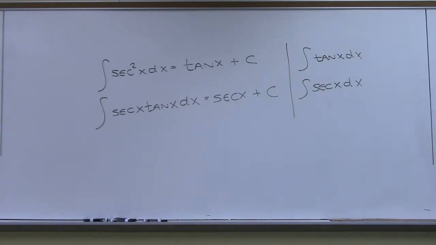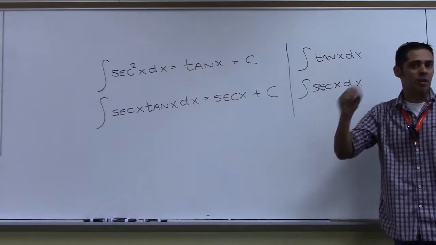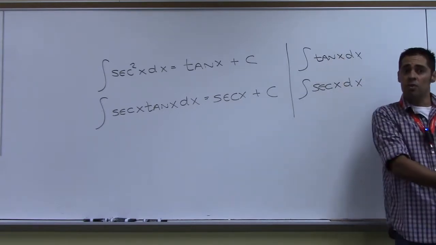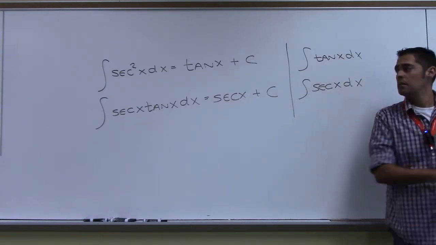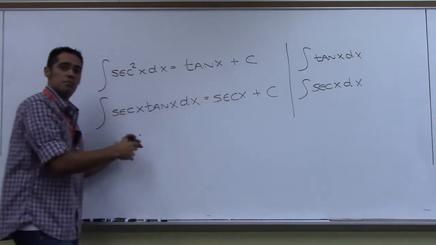It's kind of ugly. How about the antiderivative of secant? Formula 14? Antiderivative of cotangent by itself? Where's that? Oh, 13. Y'all see that? In your formulas, if you ever have any of the six basic trig functions by themselves, you're good to go, right? But these are special because these came from Cal 1. They are the derivatives of tangent and secant respectively.